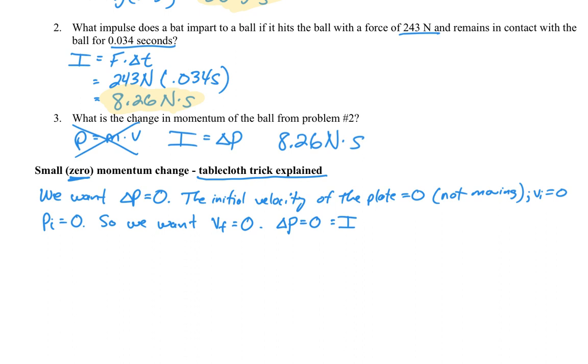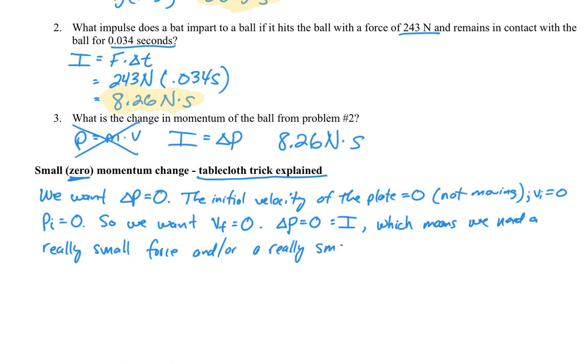So if we want our impulse equal to 0, that means we need a really small force and/or a really small time.